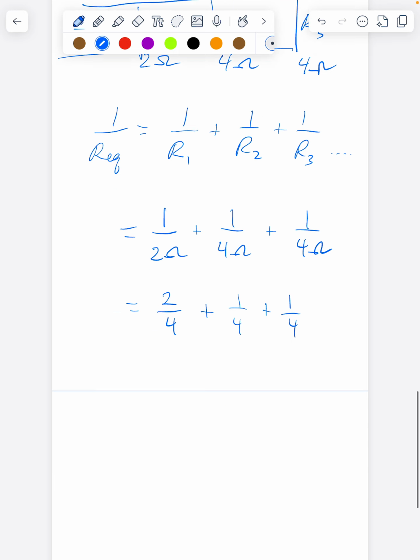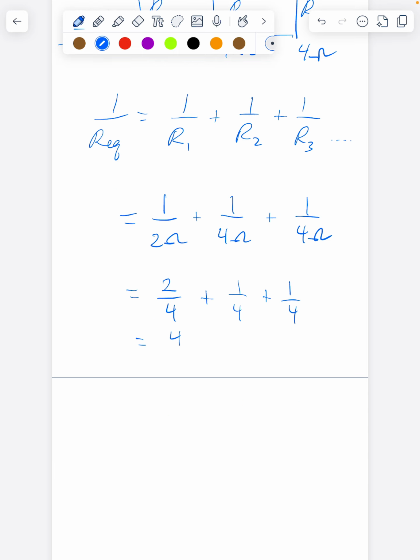And so when I add all these together, I would have 4/4, which is the same as 1 over the equivalent resistance. So this is 4 over 4 ohms, and then I need to flip it to get the equivalent resistance on the top. In this example, it actually stays as the same value. It stays as 1 ohm.